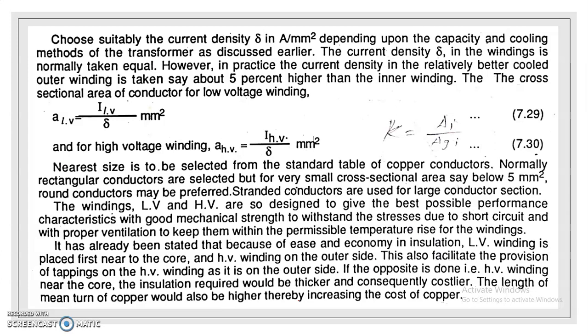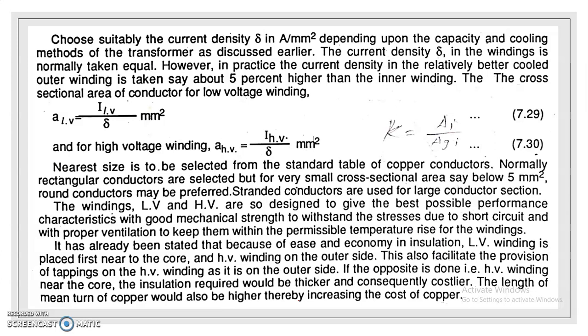But normally, for very small cross section, say below 5 mm square, we choose a delta of about 2 to 3 ampere per mm square. In the last lecture, we also saw how to assume the values, categorized as per the capacity of the transformer and the cooling methods employed.